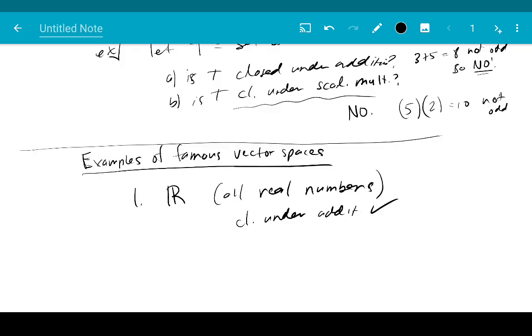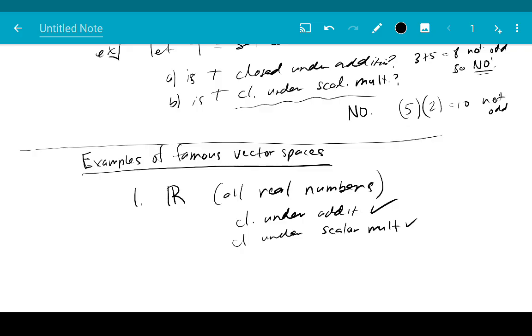Well, if I take any real number, any number at all, and multiply by any scalar, that's really just multiplying two real numbers together. When you multiply two real numbers together, you get another real number. Since our set contains all real numbers, it must be an element in that same set. So it's closed under scalar multiplication. Okay, it passes both of those.